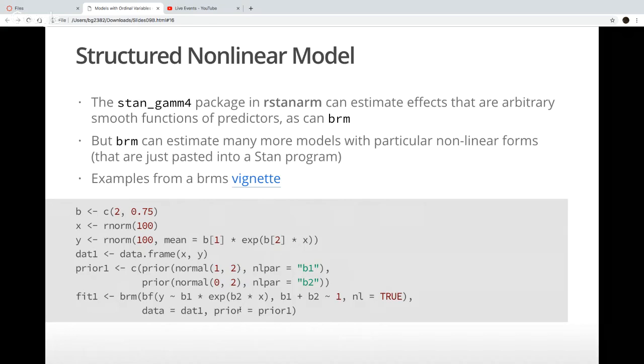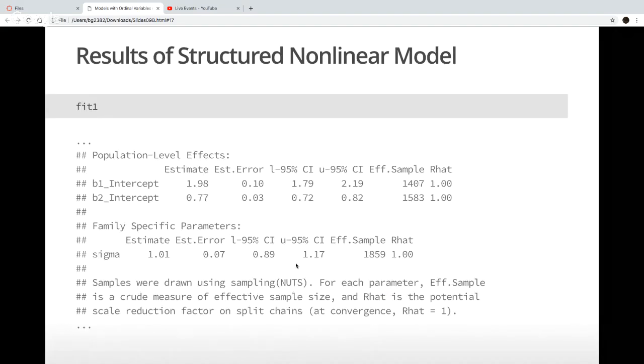And it just runs like anything else. You do want to specify informative priors, usually, for any sort of model like this in order to provide some regularization. But you get back estimates of B1 and B2 that have this posterior distribution, along with the estimated standard deviation of the errors in a normal model.